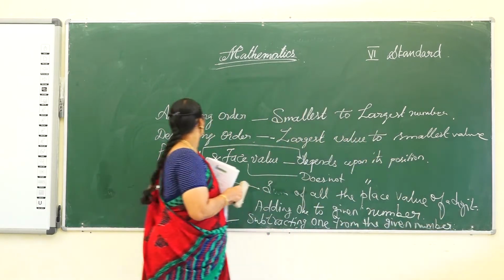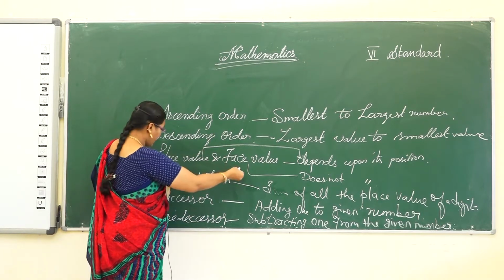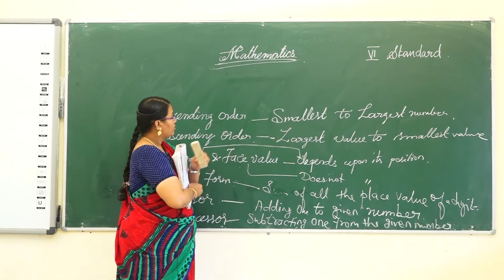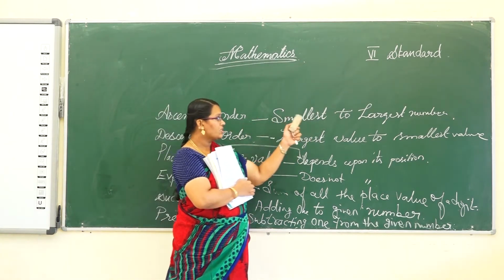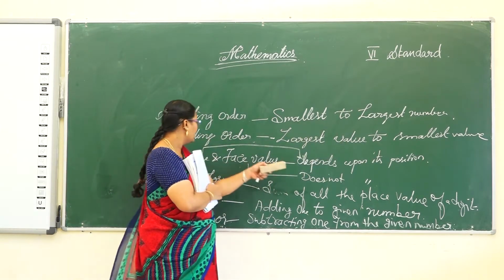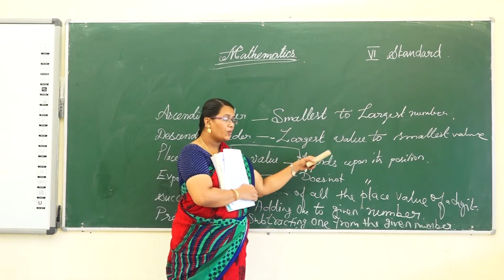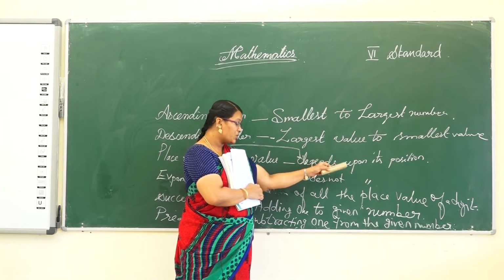I hope you all understand the concepts of ascending order, descending order, place value and face value, expanded form, and successor, predecessor. Smallest number to largest number is ascending, largest value to smallest number is called the descending order. Place value depends upon its position, and face value does not depend upon its position.